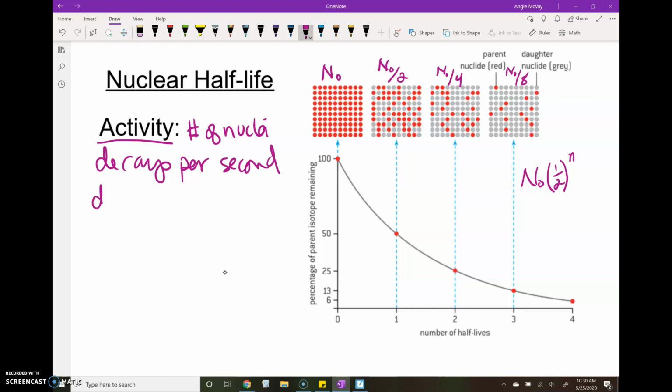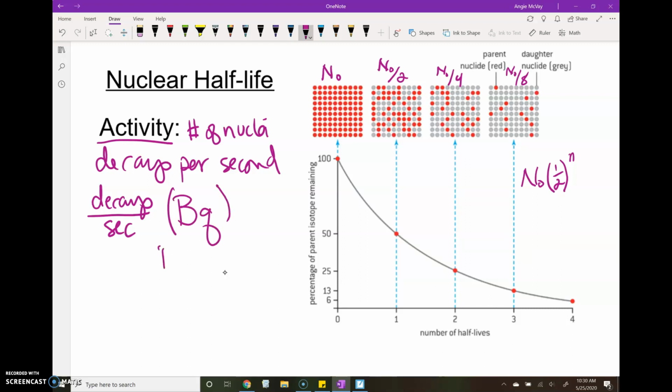Decays per second would be a good unit, but it is actually named after Henri Becquerel, one of the researchers that worked with the Curies on nuclear decay, and it is abbreviated with a capital B, lowercase q.